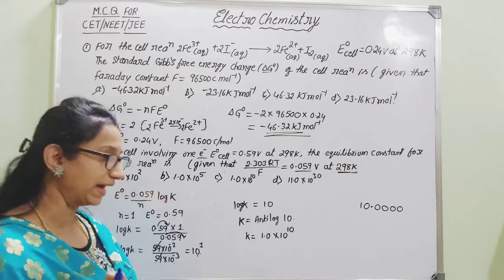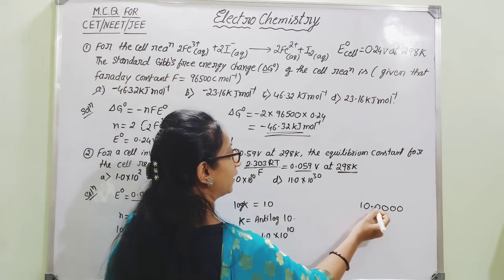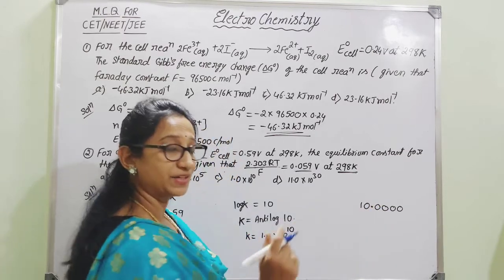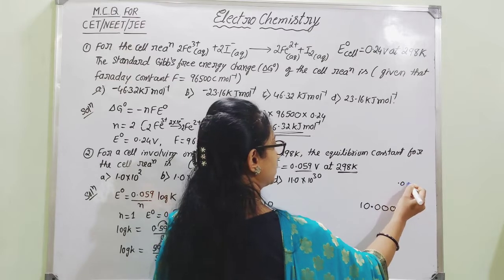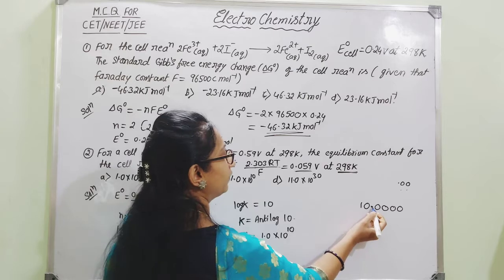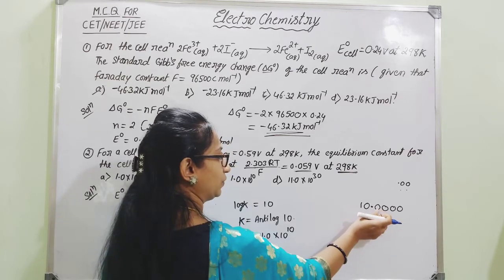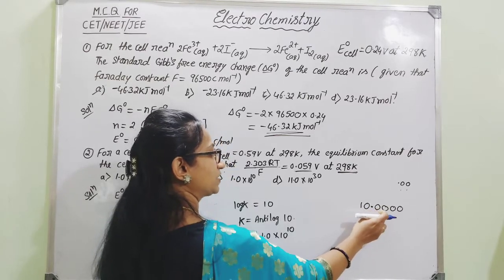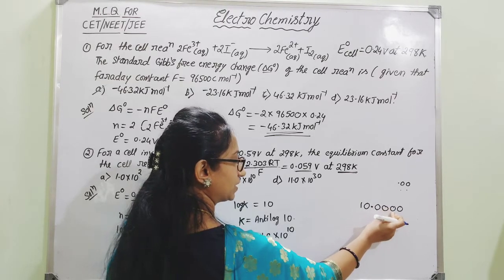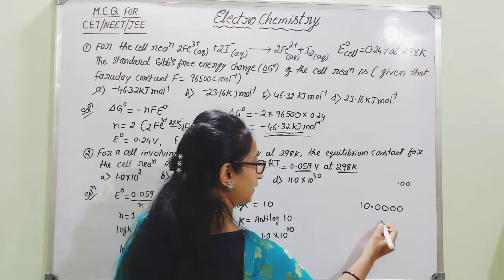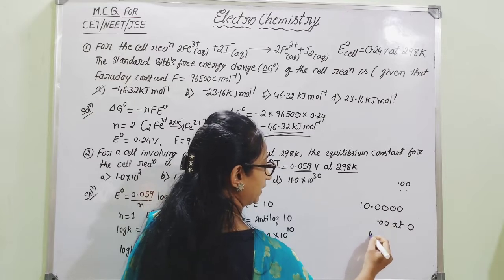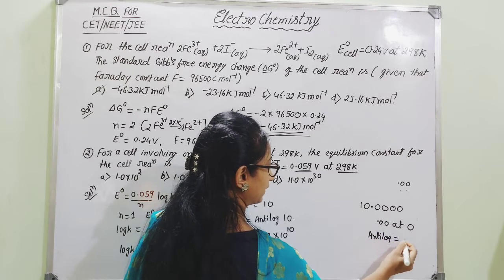Whenever you want to find the anti-log value for any given number, you have to look for the numbers present after the decimal. Anti-log starts from 0.00, then 0.01, 0.02 like that. Here it is 0.00, and the anti-log value for 0.00 at 0 will be equal to 1000.